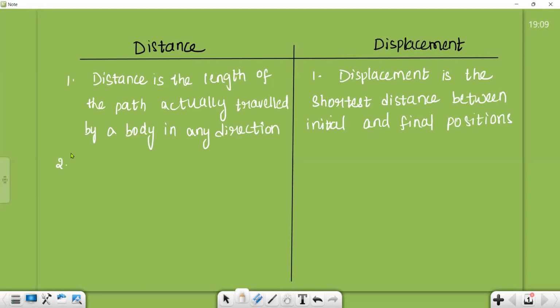Next, what else we can write? Distance is a scalar quantity, isn't it? This is what we discussed. What is scalar, students? What does scalar mean?